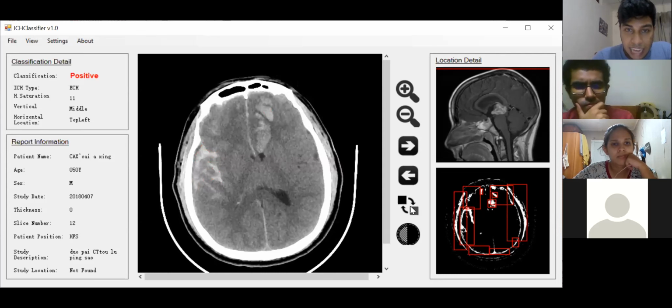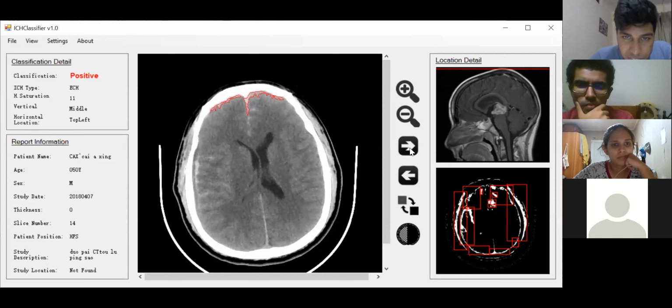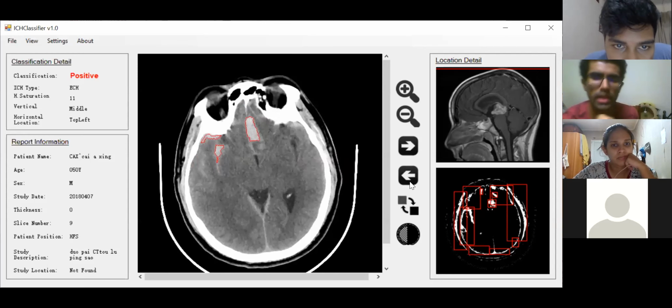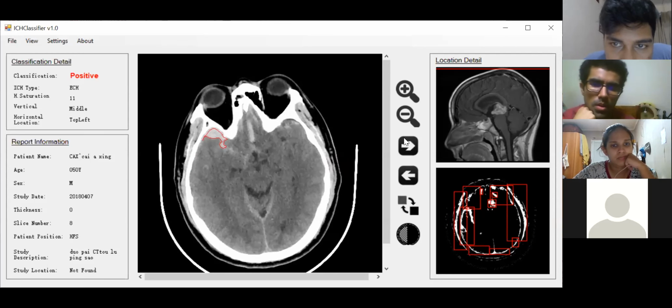And if it was localized to just one location, like this, it is an intraparenchymal. Intraparenchymal is localized to one point.